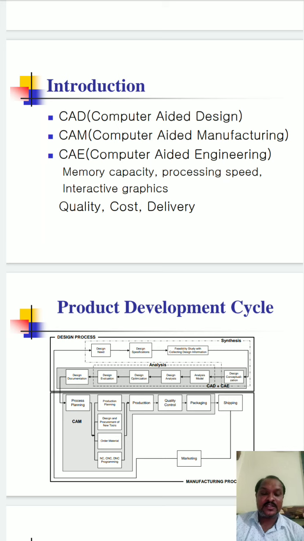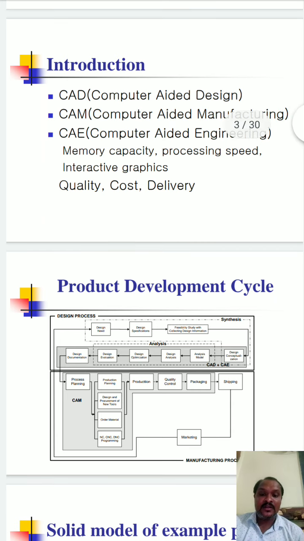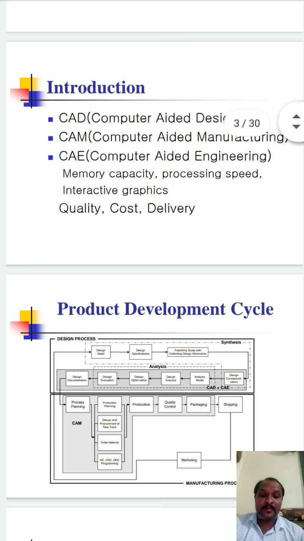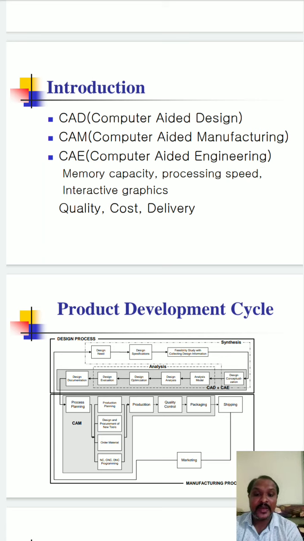Conceptualization means starting from your mind to design, from design to analysis, from analysis to manufacture, from manufacture to sending to the market, and then reaching the customer, everything will be covered. So after your product is ready and you are sending it to the market, how we are going to cradle your product is also very important.